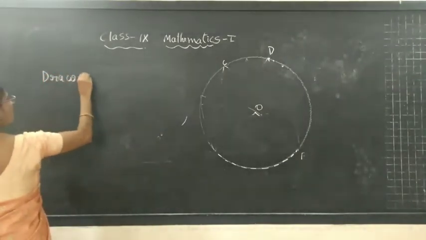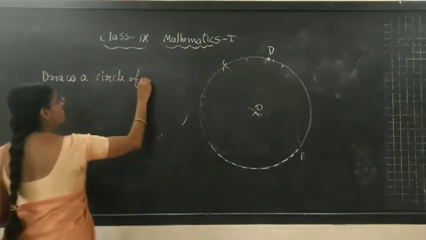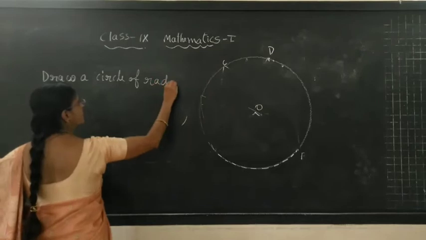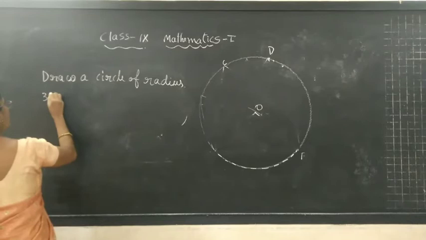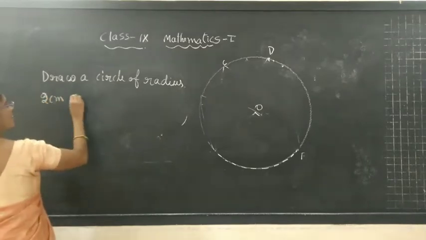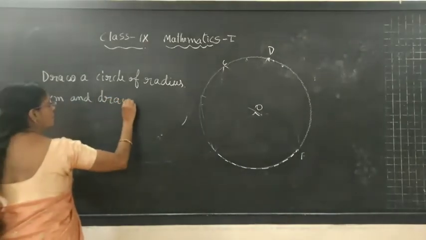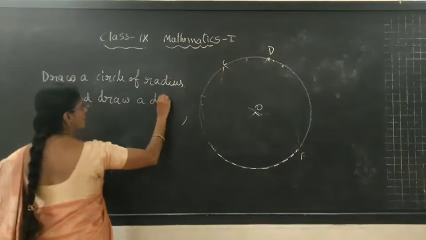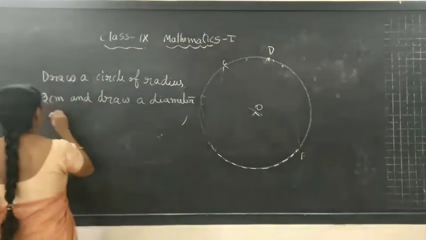Draw a circle of radius 2 centimeter and draw a diameter AB.